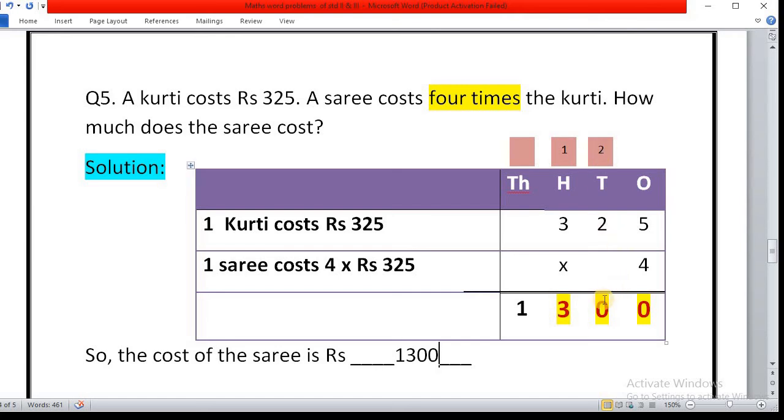Plus 2 is 10. 0. Again 1 is carried on in 100 place. In third step, I have multiplied 4 with 3 in 100 place. 4 3s are 12. Plus 1 is 13. So the cost of the sari is rupees 1300. Clear?